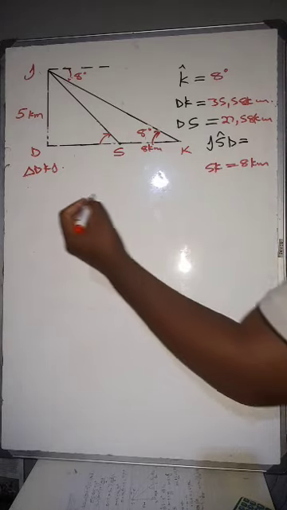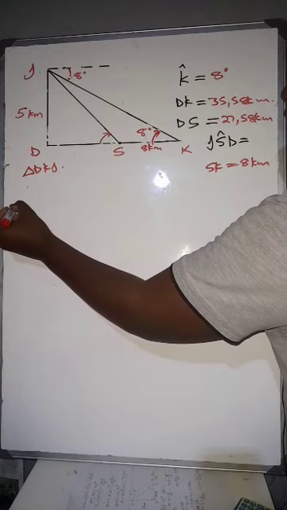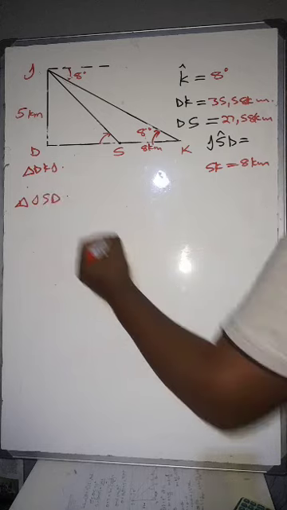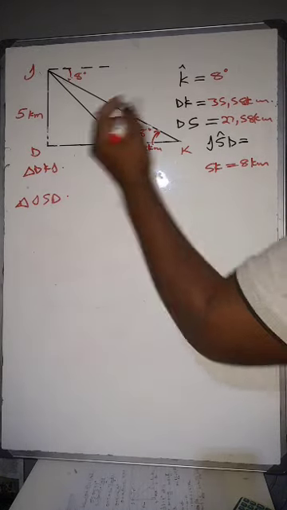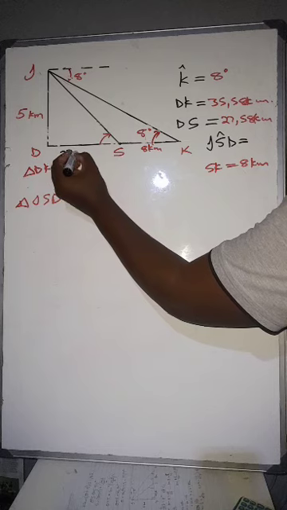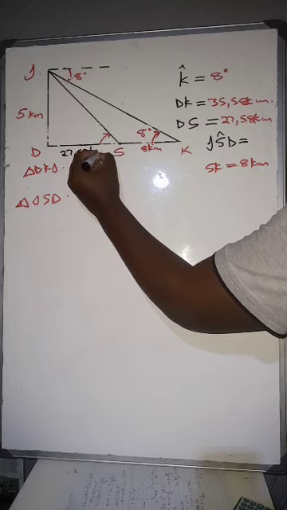So we can make use of triangle JSD, and in triangle JSD we saw that DS is equal to 27,58 kilometers, right? This DS is 27,58, and then our altitude is 5 kilometers.